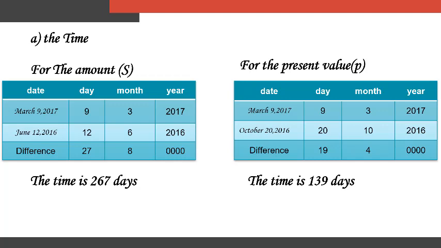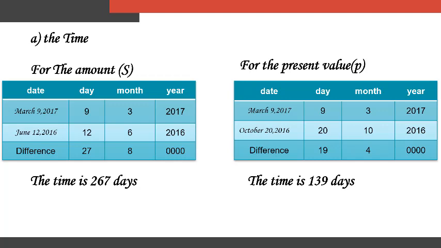So we will take 1 month from 3. The total days will be equal 39 minus 12, which is equal 27 days. We have 2 months. 2 months minus 6 equals negative 4. We can't have negative months, so we will take a year from 2017 with 12 months.